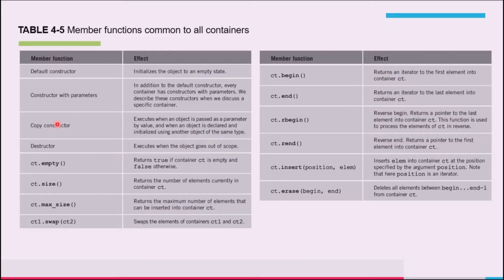Table 4-5 shows the name of the function in bold and shows how the function is called. Something like cont.empty returns true if the container is empty and false otherwise, and cont.size returns the number of elements currently in the container.